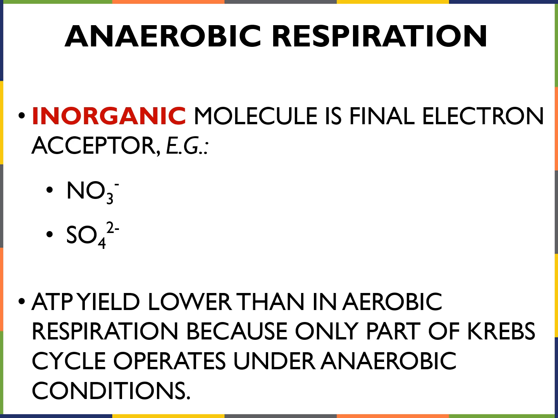Okay, as far as how much energy is made, if you look down here at the bottom, ATP yield is lower than that in aerobic respiration because only part of the Krebs cycle operates under anaerobic conditions. What that means is only part of the Krebs cycle will function if there's no oxygen present. So you're not going to make as much energy with anaerobic respiration as you do with aerobic respiration.